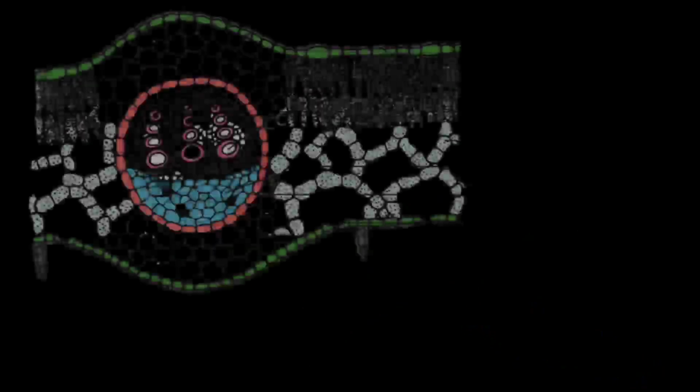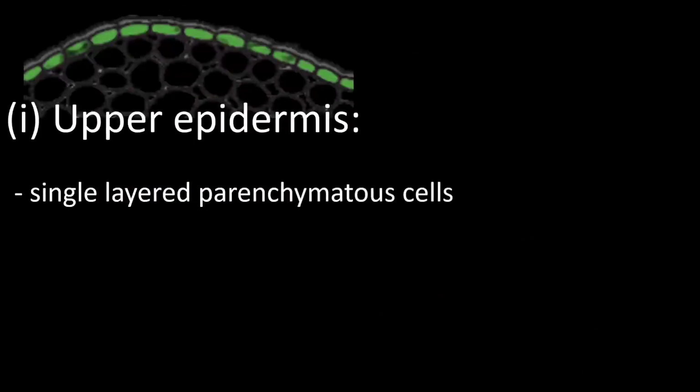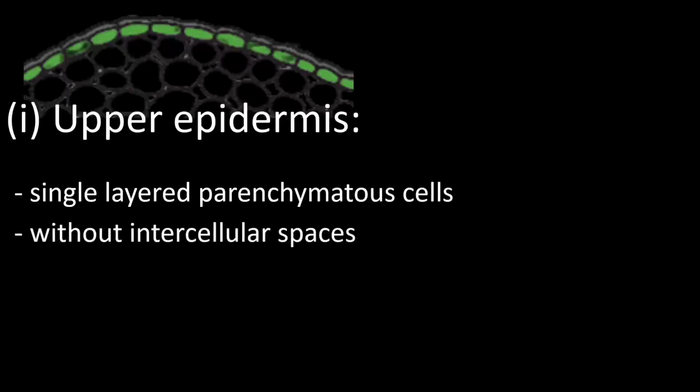Let us learn the upper epidermis first. Upper epidermis is made up of a single layer of parenchyma cells. These cells are arranged without any gap, without intercellular spaces.